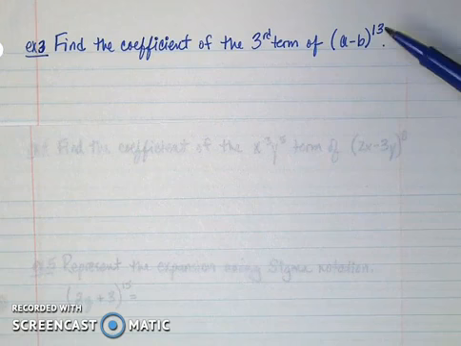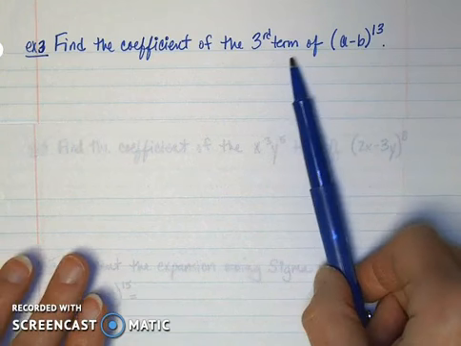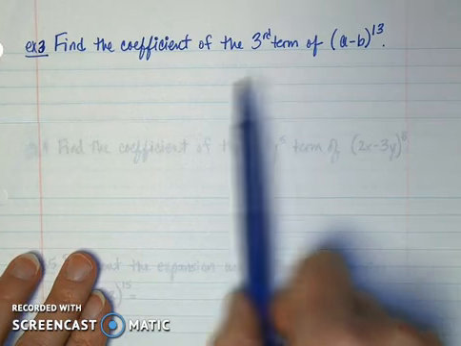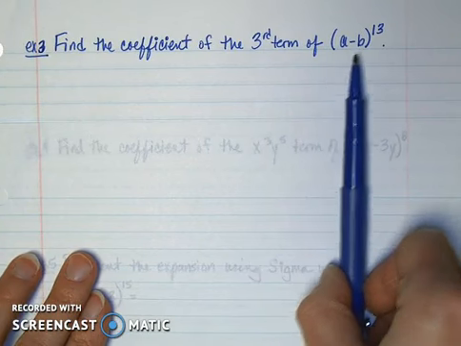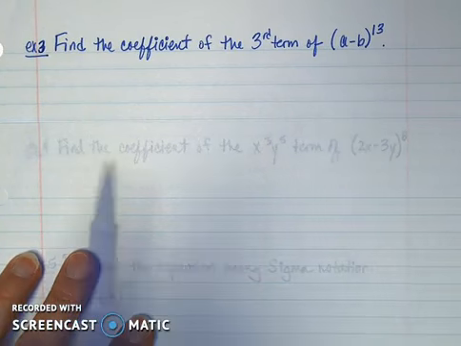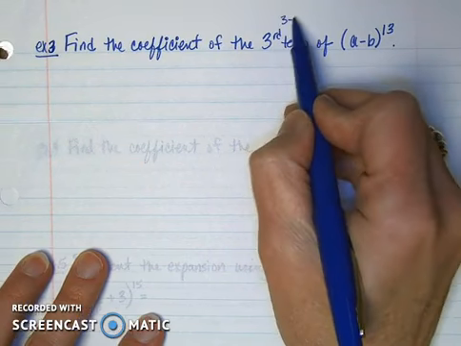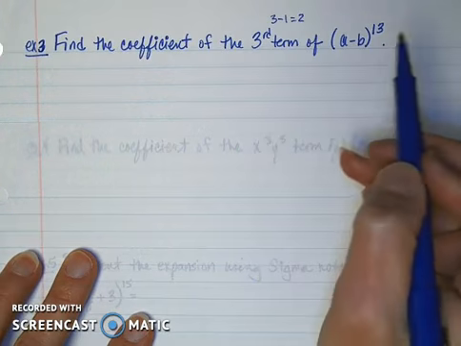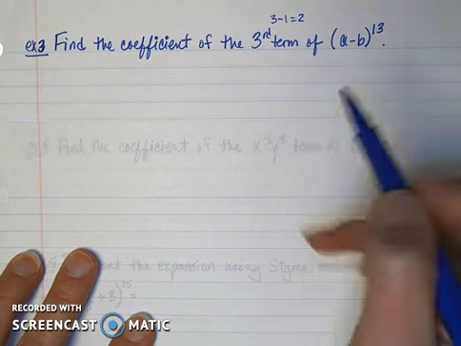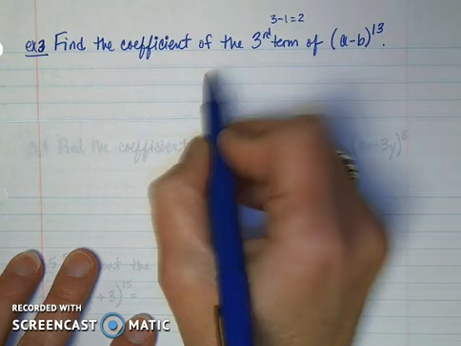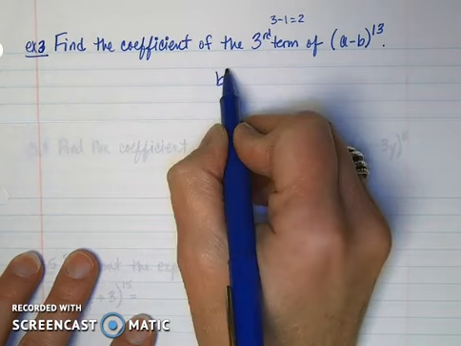So here, the third term, remember you're going over 3 terms, means that the b is going to be 1 less than that. I'm going to have 3 minus 1, which gives me 2. So that 2 is going to be the b exponent right there.